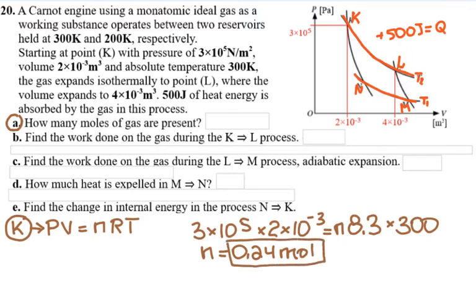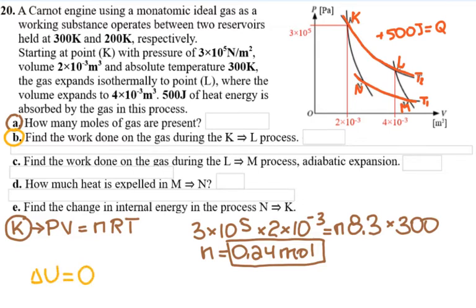In the next question they ask, find the work done on the gas during the K to L process, and that is an isothermal process. So we can say that the change of the internal energy of the gas is equal to 0.